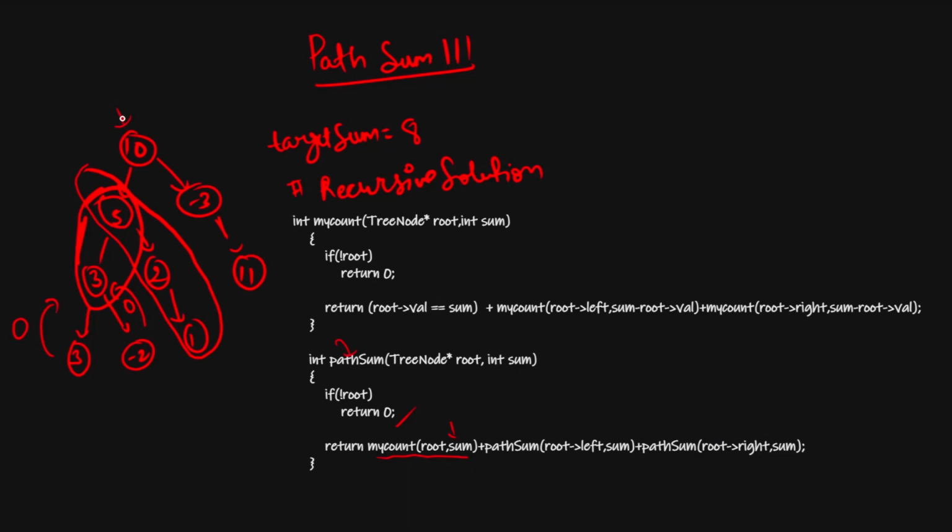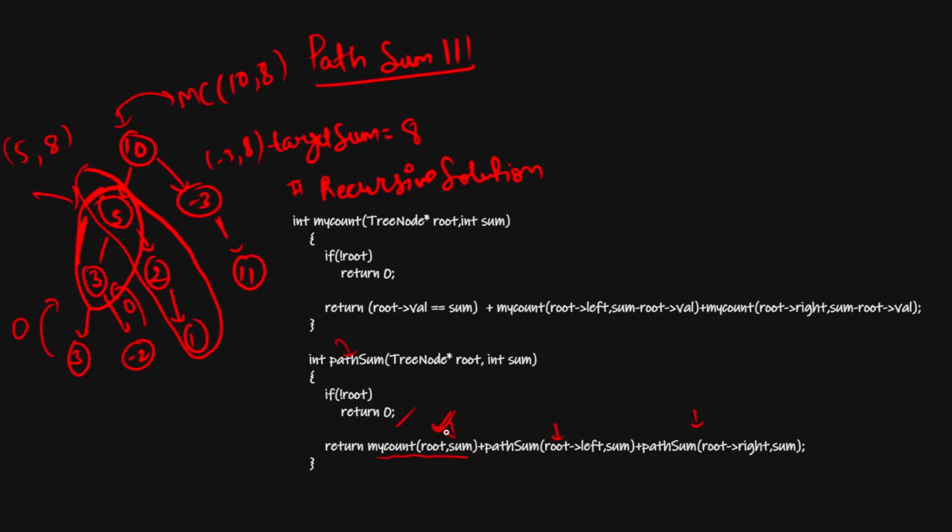From here I will call my count function, which has this value 10 and 8. Or I will call the path sum function with this value 5 and the same sum, and minus 3 and the same sum. This means I am not including my root, and this means I am including the root.